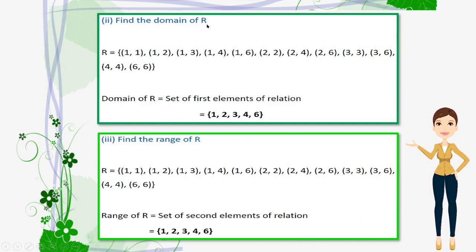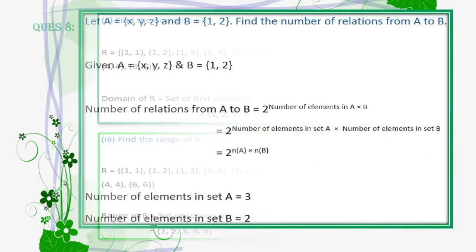Second part, find the domain of R. So this is the relation. Domain is the collection of all the first elements. So we will write those elements 1, 2, 3, 4 and 6. We never repeat the element while writing the set. And the range means the collection of all the second elements.